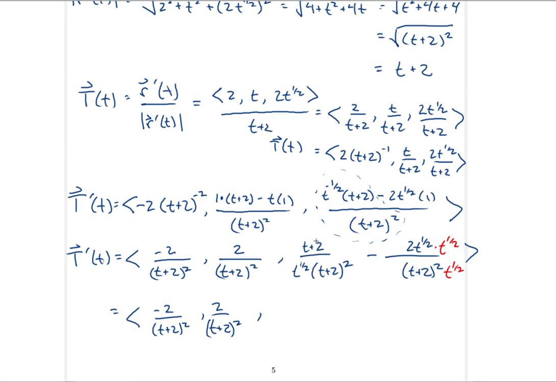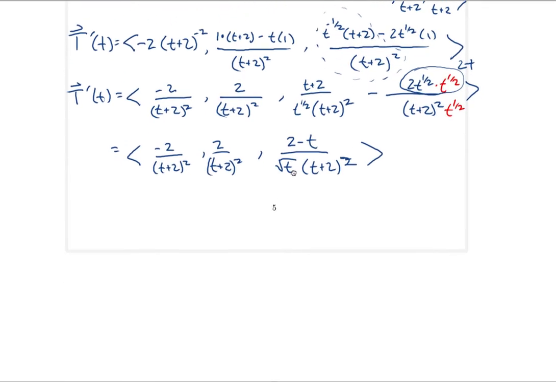So it looks like we're going to have t plus 2 minus 2t. So this is going to be 2 minus t. And on the bottom we'll have the square root of t, t plus 2 squared. So that's my unit tangent vector's derivative with respect to t.